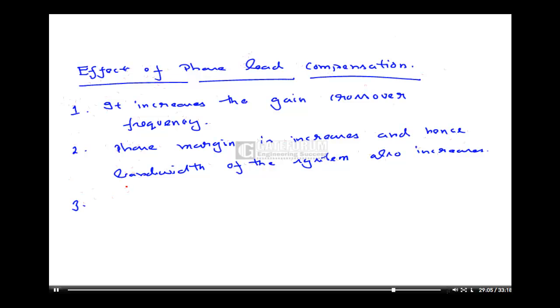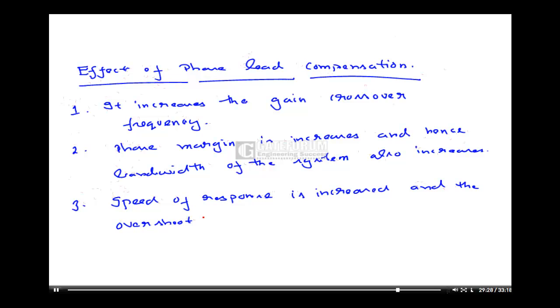Third one is speed of response, that is how the system is responding, that speed is increased. And the overshoot is reduced. Fourth one is order of a system is increased.